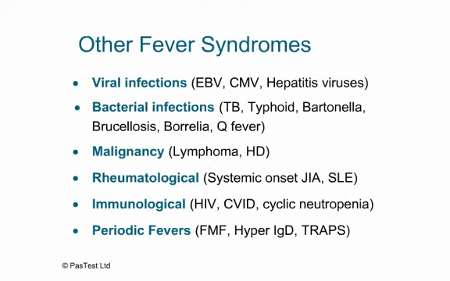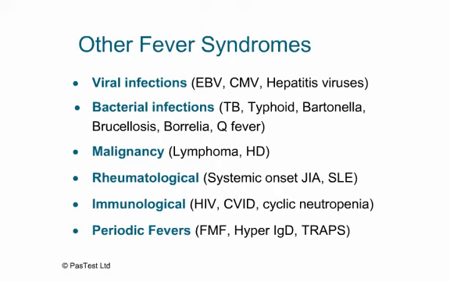However, it is important to know the range of some of the clinical syndromes that can give rise to this, so that a good general investigation can be initiated. This slide gives an overview of the main areas which are included within fever syndromes.